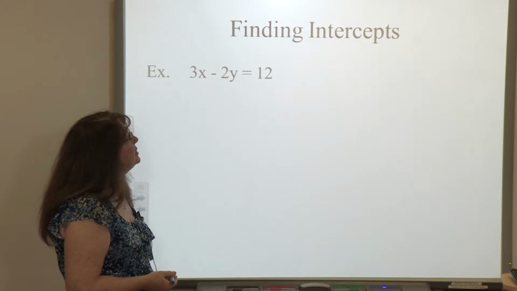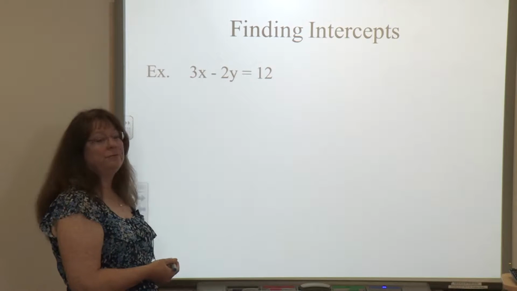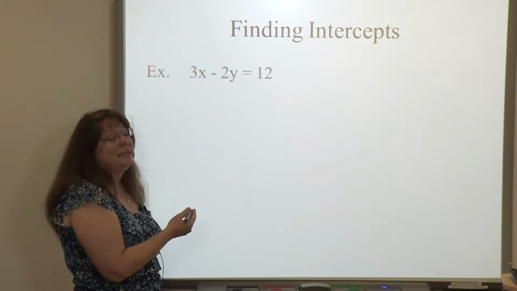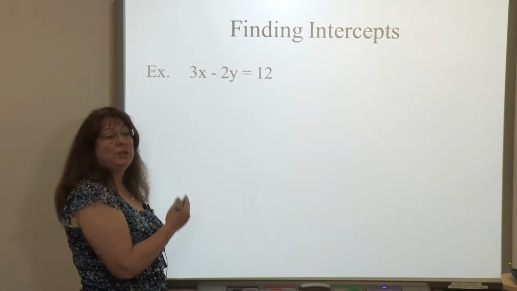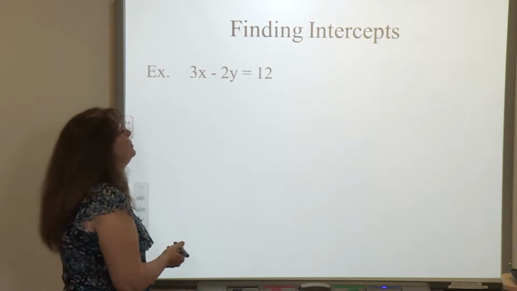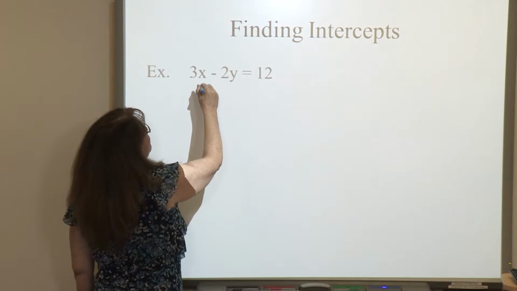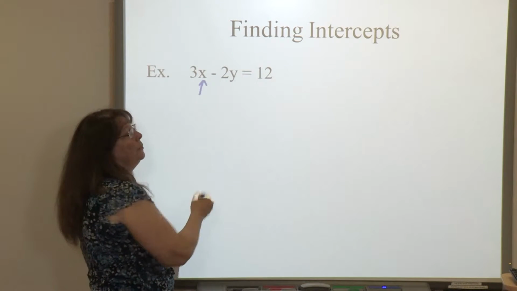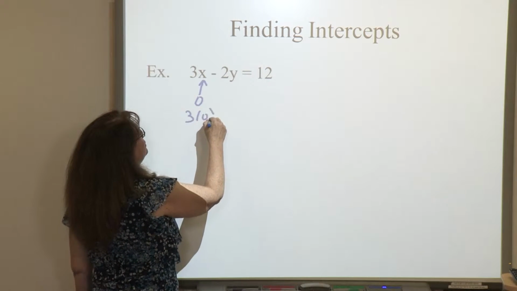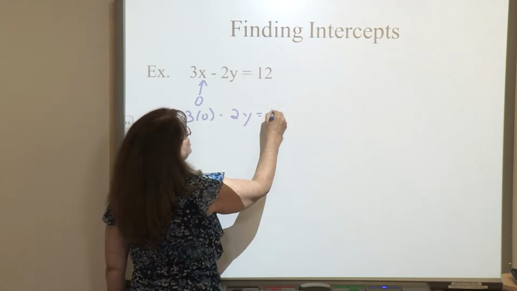So let's take this equation that's in standard form and find the intercepts. Finding intercepts is easiest when you have an equation in standard form. In order to locate the intercept, I want to plug in a value of 0 for one of the variables. So I'm going to multiply 3 times 0 minus 2y equals 12.